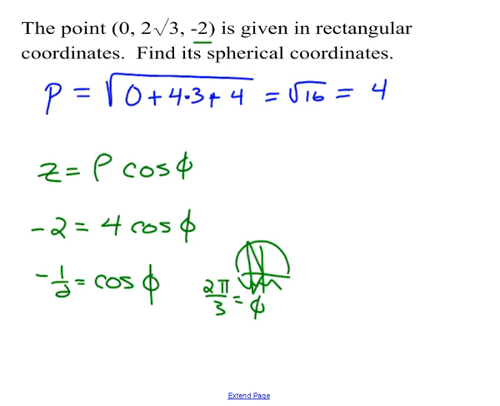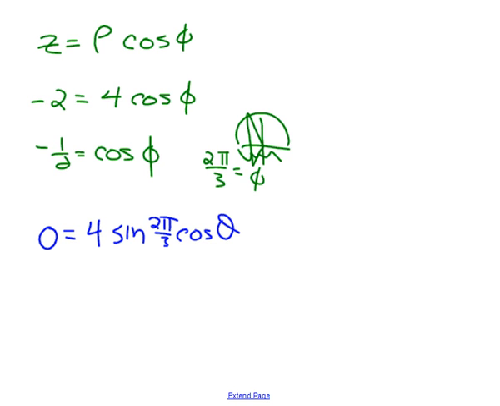Okay, so now I have that, and now I can use either the x point or the y point to get my theta. And I think I'm going to use the x point. If there's a 0, I'm going to use it. So I know that 0, or x, is rho, which was 4, sine of phi, and phi we just found up here, so that's 2 pi over 3, and then cosine of theta.